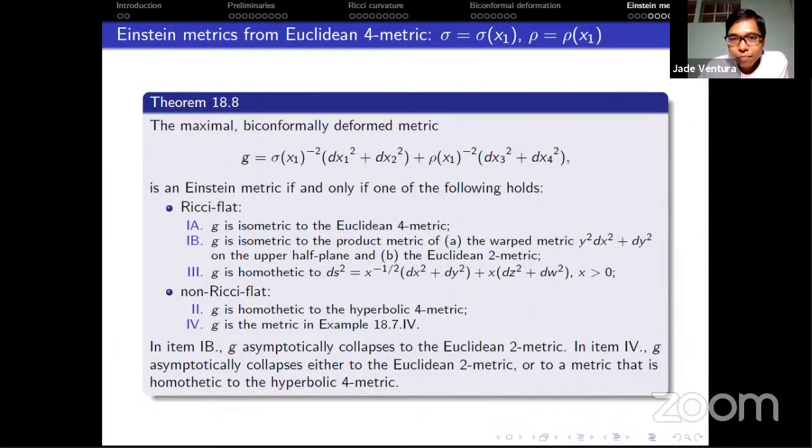And it follows the prototypical steps of our work.